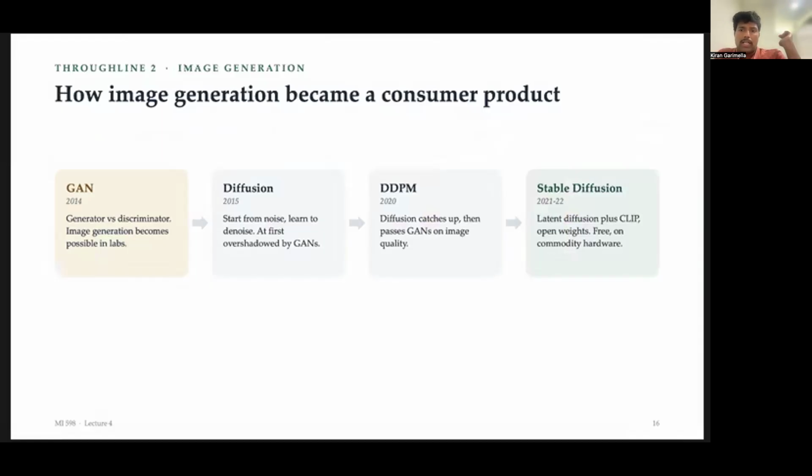It combined latent diffusion with CLIP text conditioning, which enabled prompting of images. So text-to-image became very popular because of stable diffusion, where the model could understand what you mean if you say generate a chair shaped like an avocado. Even though it might not have seen this, it knows what a chair is and what an avocado is.